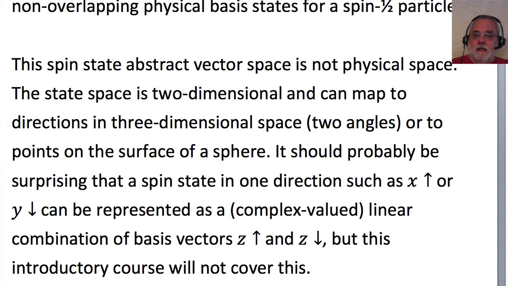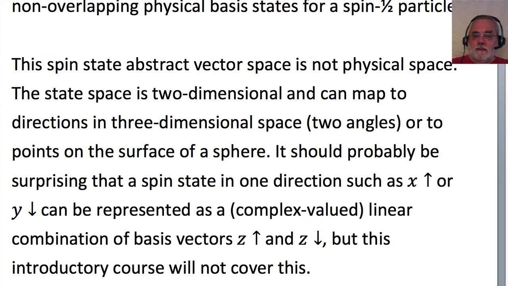This spin state abstract vector space is not physical space. The state space is two-dimensional and can map to directions in three-dimensional space, to having two angles to represent the direction, or to points on the surface of a sphere. The surface of a sphere is a two-dimensional surface.